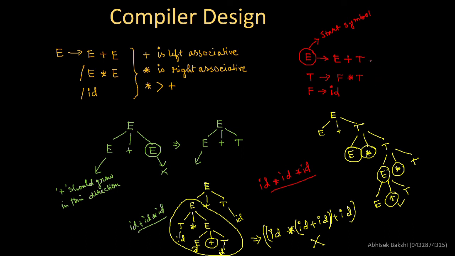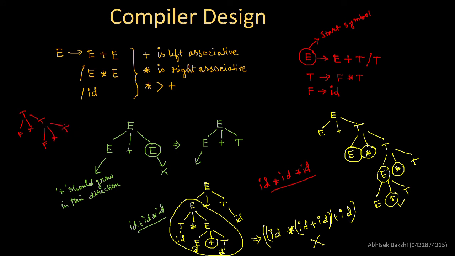So I have to write E to E plus T or T, so that it can bypass to this particular star, and you don't need to use this plus anymore in this particular string. Not only this, but here also you see I have written T to F star T. So what's happening is T to F star T, F star T.